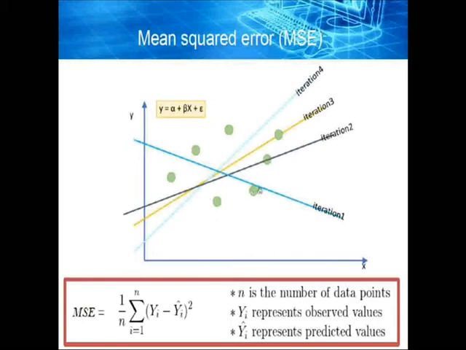Here we calculate the mean squared error for each regression line, and we get the best graph to define the value of error, so that with each iteration the algorithm updates the model parameters to shift the line from the previous position to the next position to reduce the mean squared error.